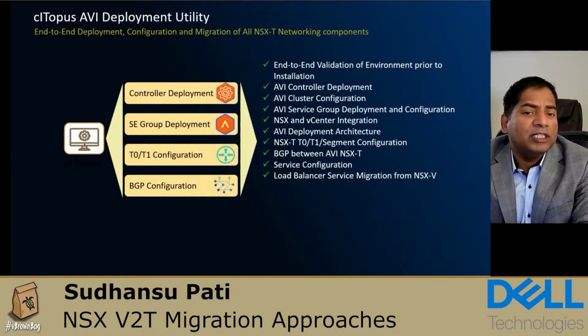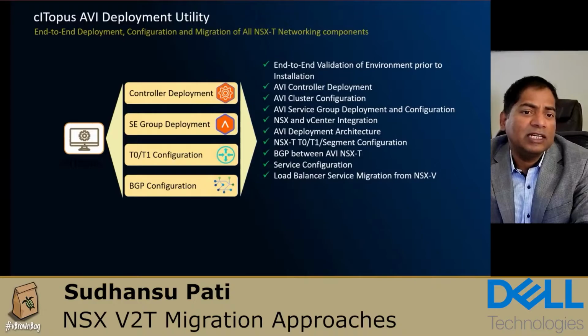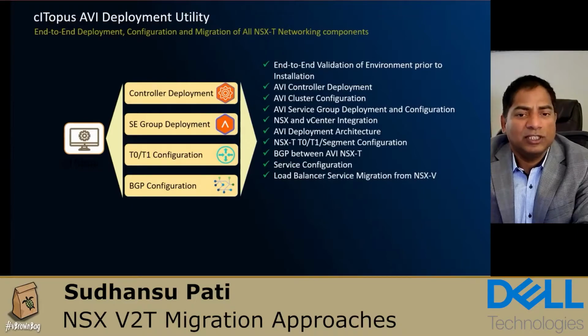The cITopus AVI deployment utility deploys all of the AVI configurations, integrates with the vCenter and NSX-T environment, creates that architecture for you, and also migrates the load balancer from NSX-V HAProxy to the AVI service groups and service engines. So these are some of the tools and automations you need to be thinking about when you're migrating your components from NSX-V to NSX-T.